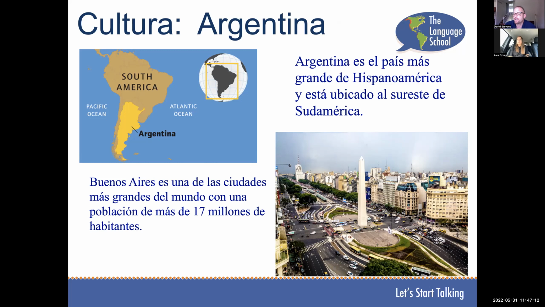Brazil is actually larger, but they speak Portuguese in Brazil. So out of the Spanish-speaking countries in all of the Americas, it's the largest one.